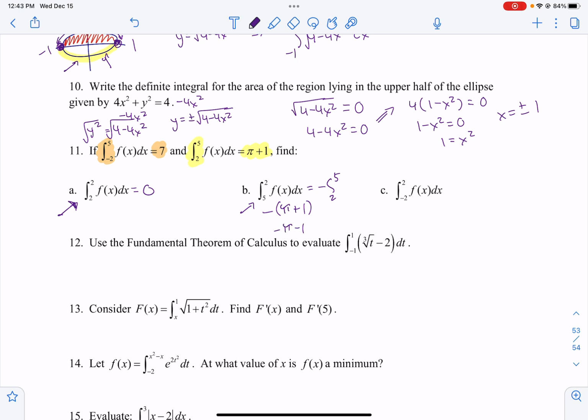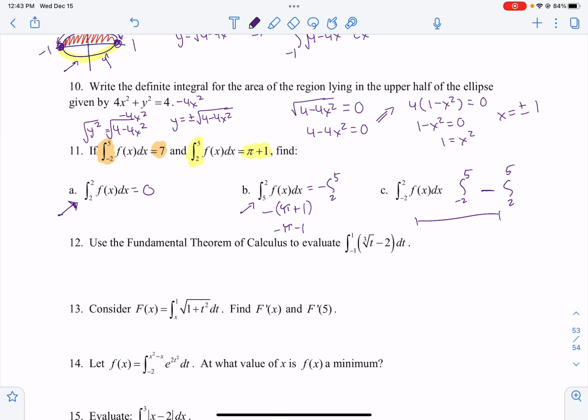When I'm going from negative 2 to 2, I don't know what negative 2 to 2 is, but I know that negative 2 to 5 is 7, and I know that from 2 to 5 is pi plus 1. So if I subtract those, basically I've got two areas. I'm going to draw it like it's a line.